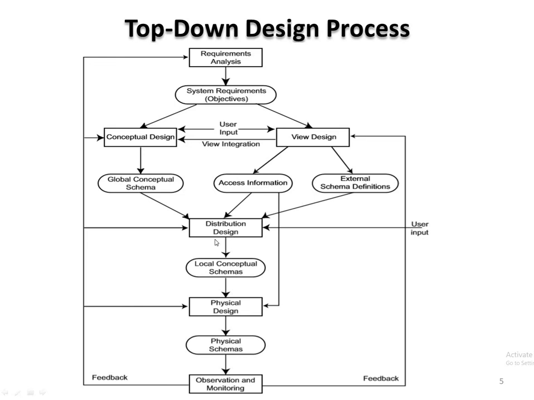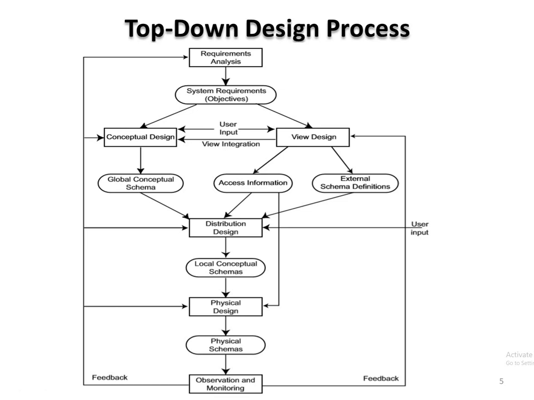The objective of this distribution design stage is to design the local conceptual schema by distributing entities over the sites of the distributed system. The entities may correspond to relations. So instead of distributing the relations, they are divided into sub-relations called fragments, which are then distributed.